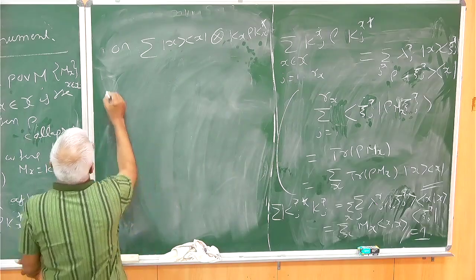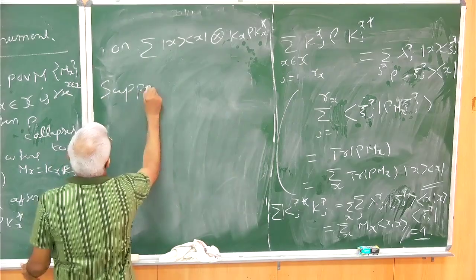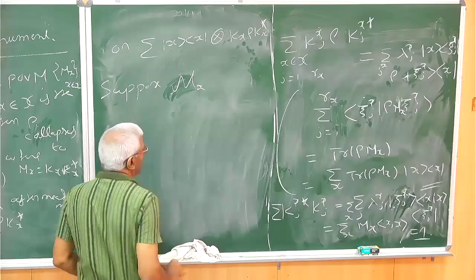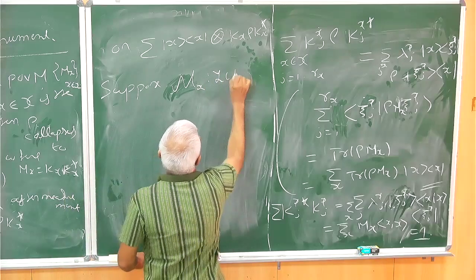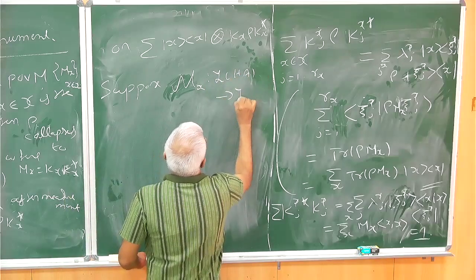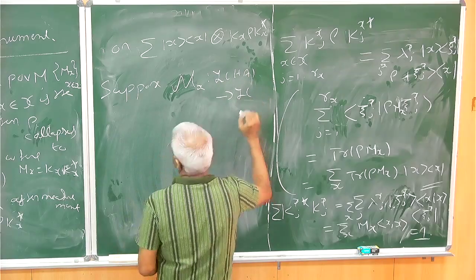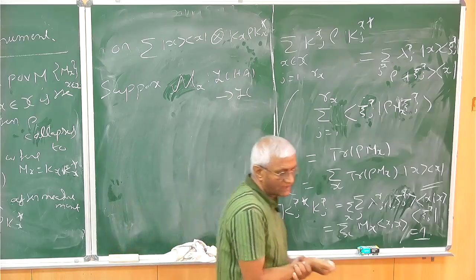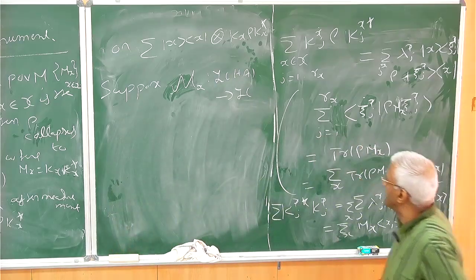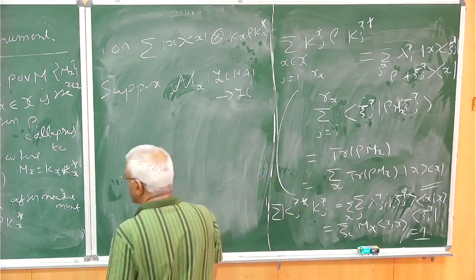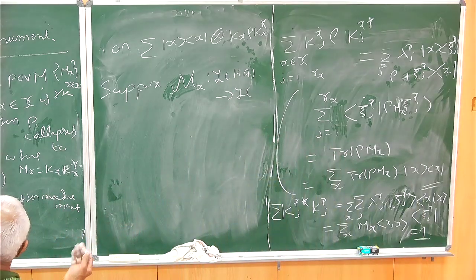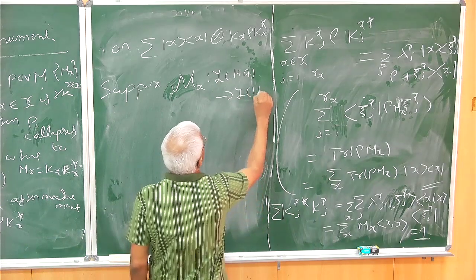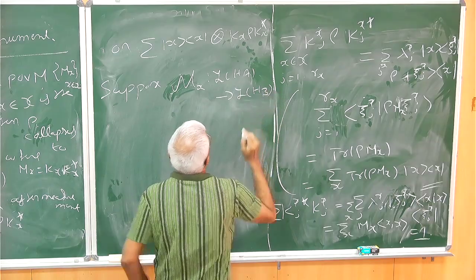Now suppose Mx, with x in script X, maps from L of HA to L of HA itself. Well, we can take it to some other space also. Doesn't matter.